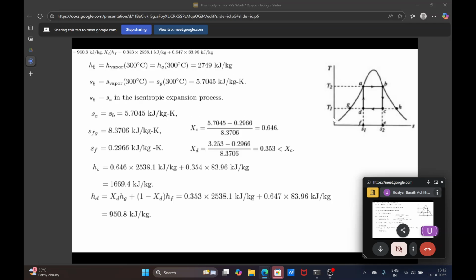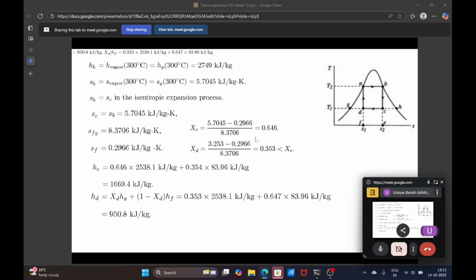Similarly, we can find the Q at AB and CD, which is T naught delta S. That will give you the heat transfer, and then we can apply the steady flow energy equation for the process A to B, and estimate the work done for AB and similarly for CD.